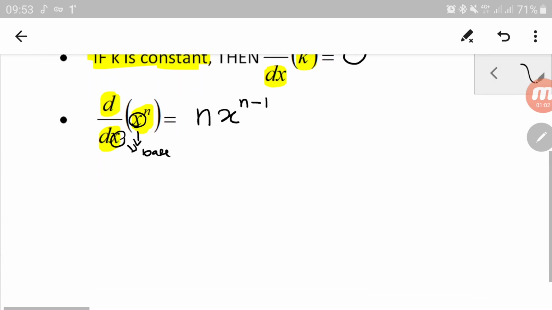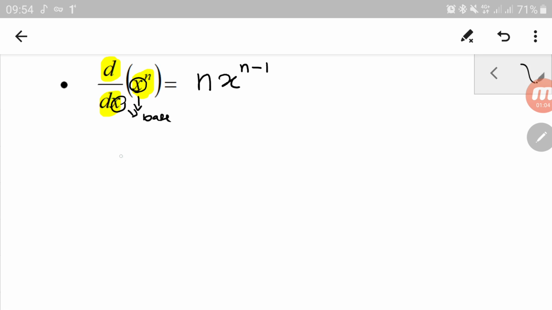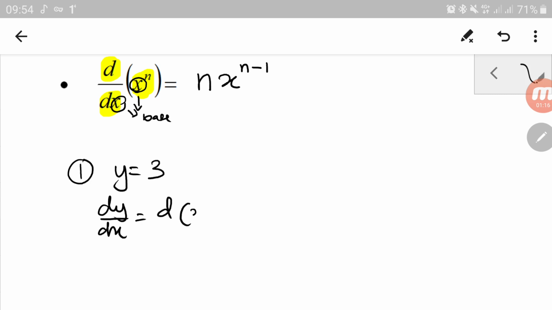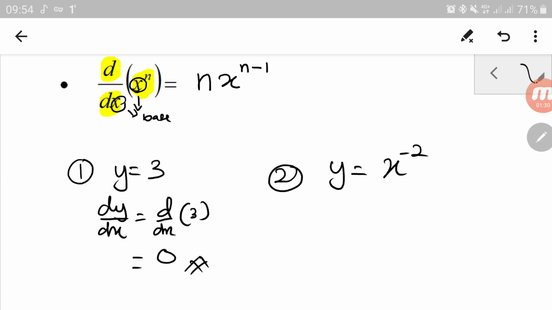So maybe we can try two examples. Okay, so the first one, let y equals 3. So dy/dx is the differentiation of 3 in terms of x. Therefore 3 becomes 0. Okay, and next one is y equals x to the power of minus 2.